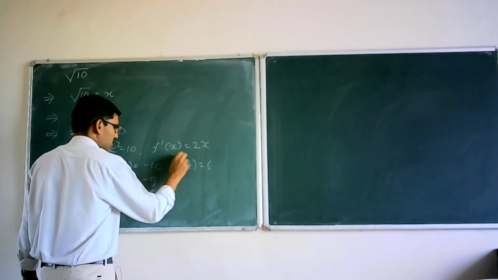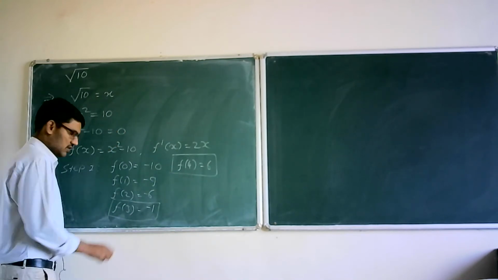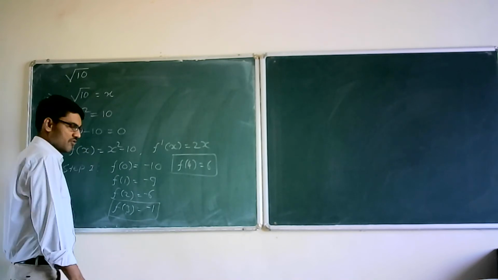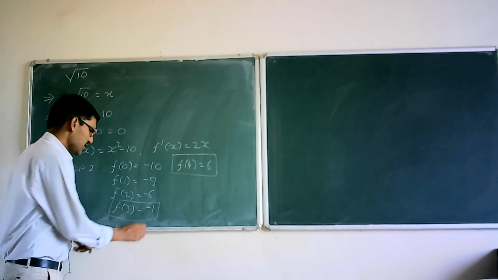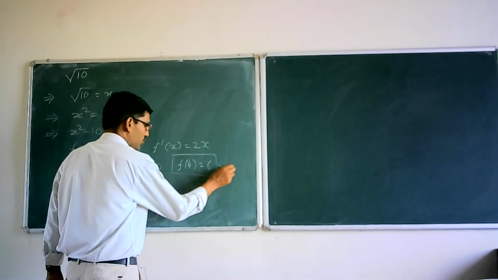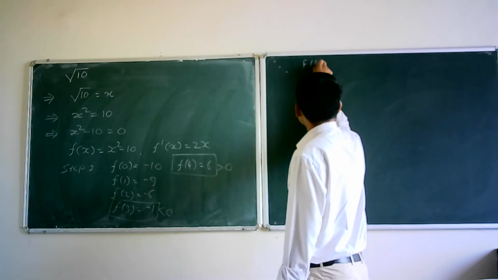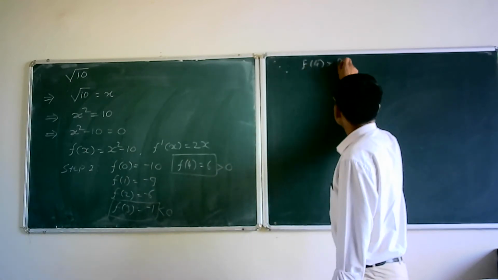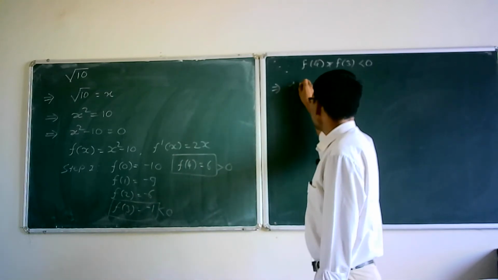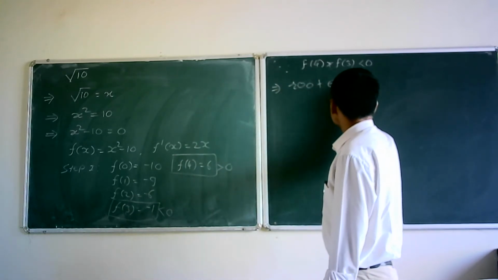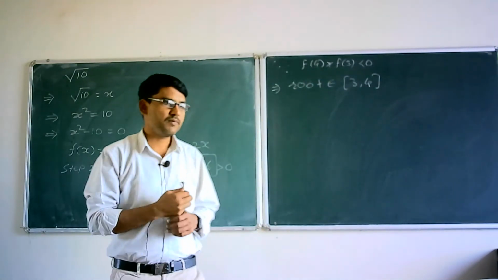If you observe the two successive values 3 and 4, f of a and f of b have opposite signs, that is f of 3 is less than 0 and f of 4 is greater than 0. Since f of 4 into f of 3 is less than 0, our root lies inside the interval 3 to 4. So this is our step number first.